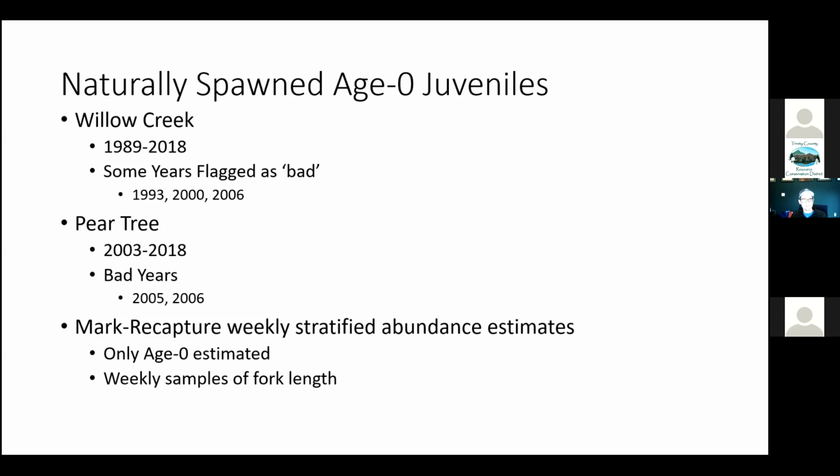Again, it's only age 0. We've backed out the age 1+ Chinook salmon, which can be abundant in some years, especially early in the season at Pear Tree, because Pear Tree tends to get in the water earlier than Willow Creek. At Pear Tree, sometimes we see a fair number of 1+ Chinook in, say, January, February, and those have been backed out.